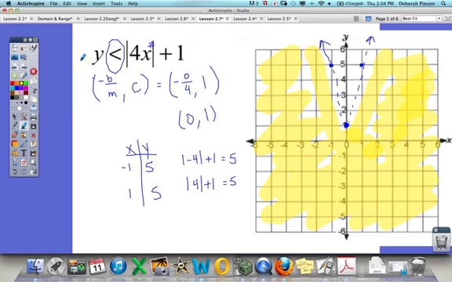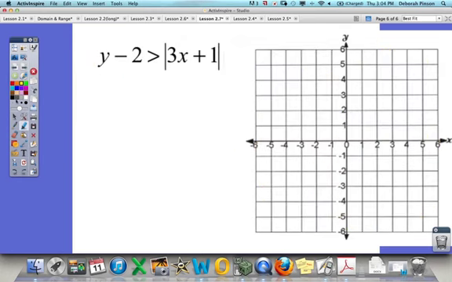Okay, and then last one we're going to do, which we are going to run into the same kind of problem. Looking at this, let me go ahead and move my 2 over. Looking at this, the 3 messes it up from being able to do the parent function.